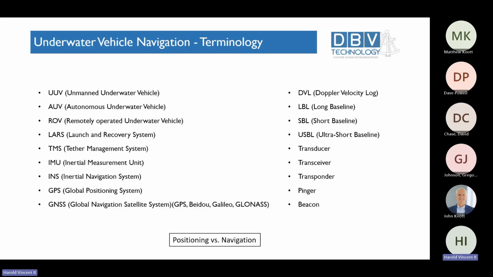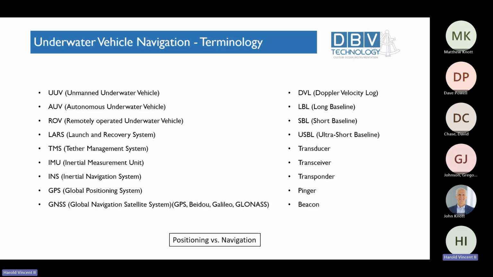And then a beacon is a cross between a pinger and a transponder, where a beacon is a device that sits on the seafloor, is not constantly transmitting and only transmits when it's been interrogated by a transceiver. But instead of replying a single time, like is typically done from a transponder, it will transmit many times for some period of time and then shut off.